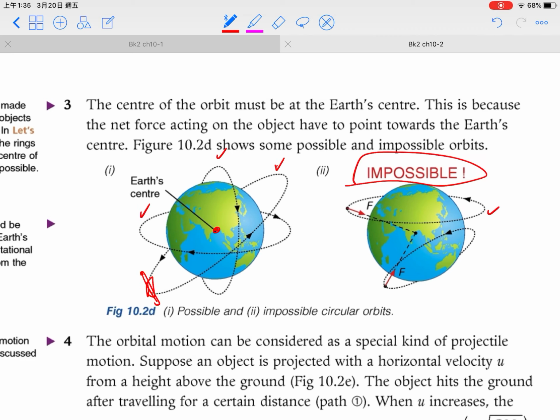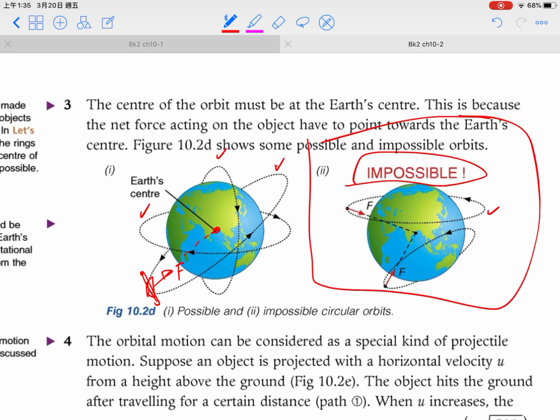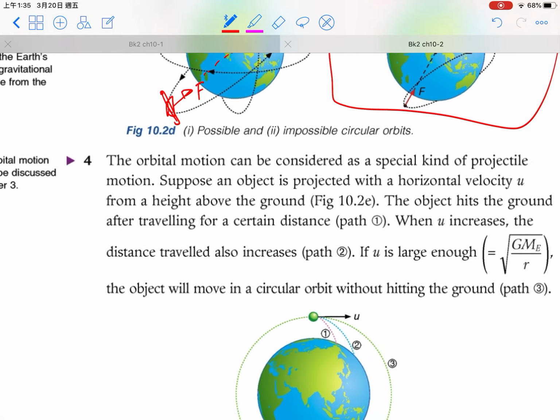So suppose a satellite here moves in a circular path. The net force actually comes from the gravitational force, which points towards the center of the Earth. So it is impossible to have such an orbit like this.